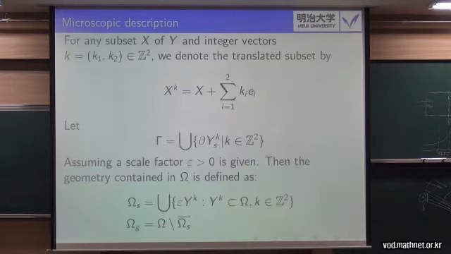Because starting from the unit cell, we need to translate this unit cell to cover the entire space of R2. So for any subset Y contained in our unit cell and integer vectors, we can define a translation of this form.